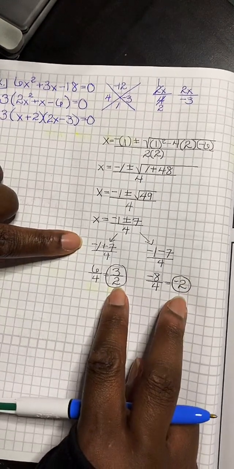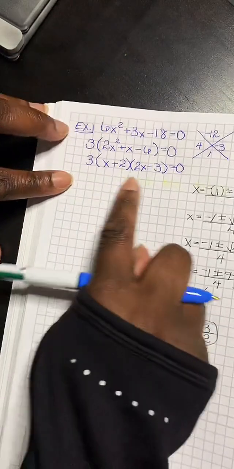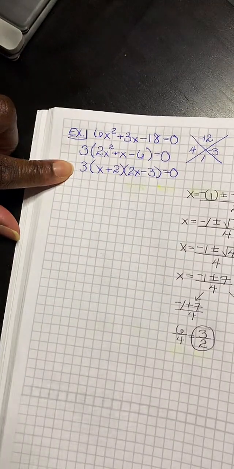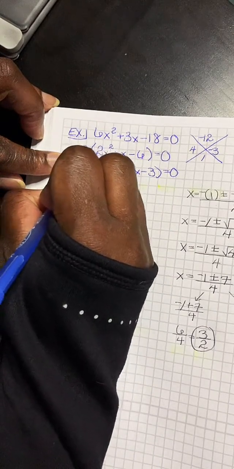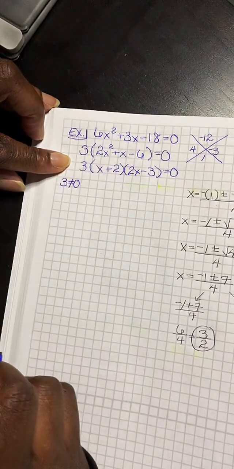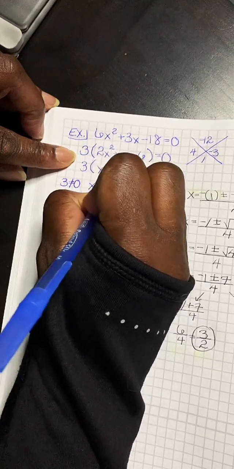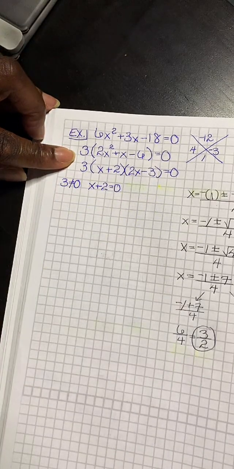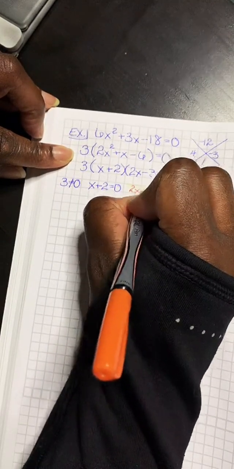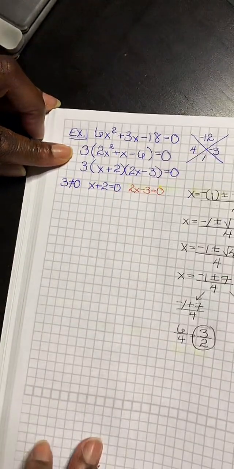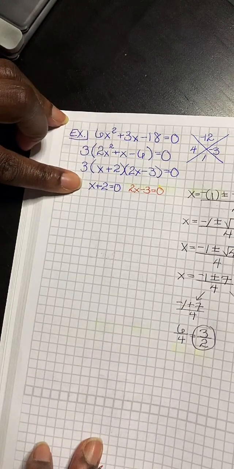Let me show you where this comes from when we do it the AC method. We did our factoring, but the part that was missing is we need to set everything equal to 0. The first one, 3, cannot equal 0, so we know that's done. Then we have x plus 2 equals 0, and we also have 2x minus 3 equals 0. We can ignore the 3 because 3 can't equal 0.